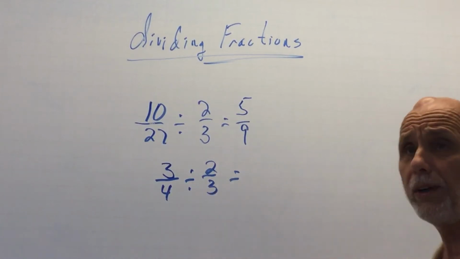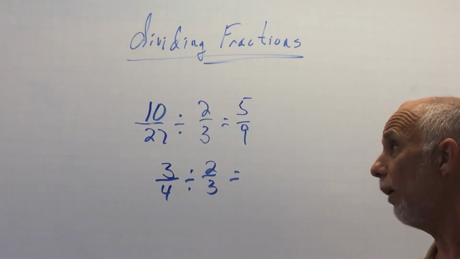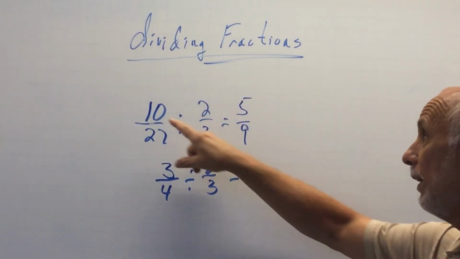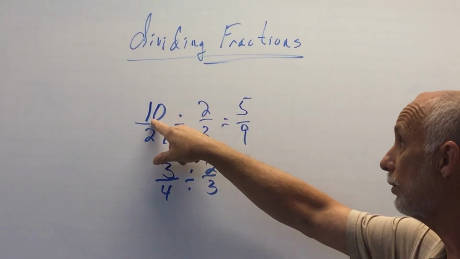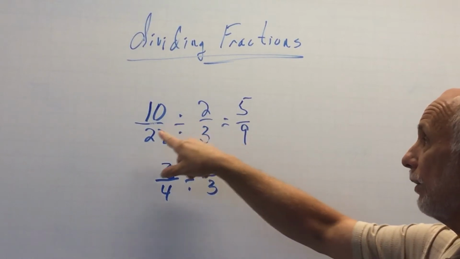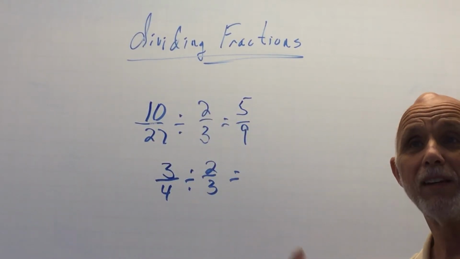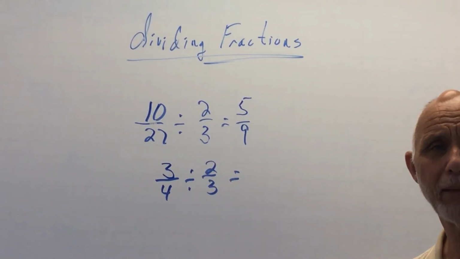And 3 doesn't go into 4 evenly. So the only way that this way would work is if this numerator goes into this numerator evenly, and this denominator goes into this denominator evenly. And that does not happen but 1 out of every 10 to 20 times.